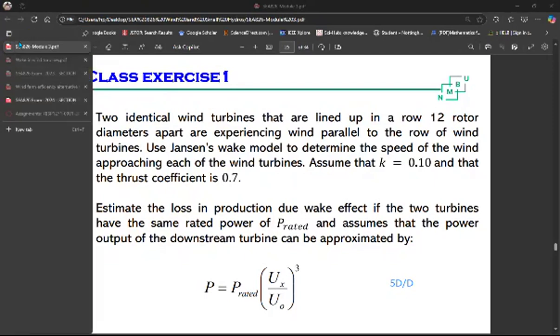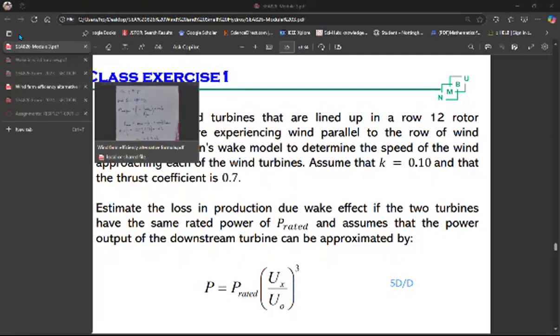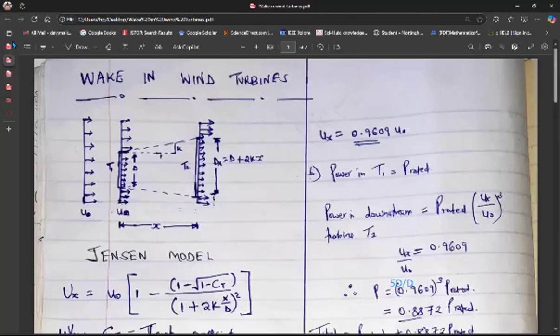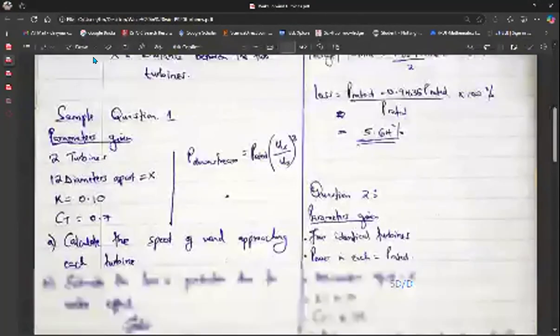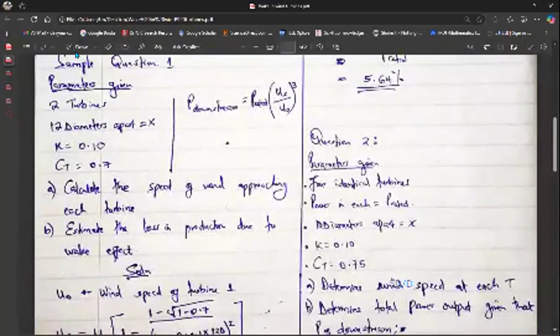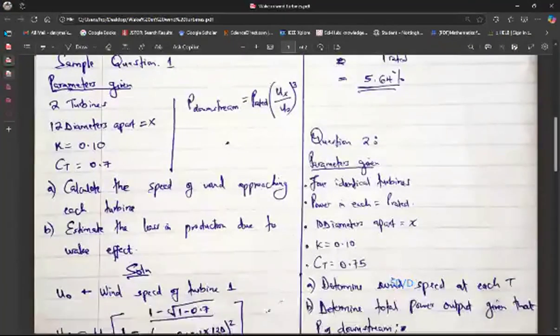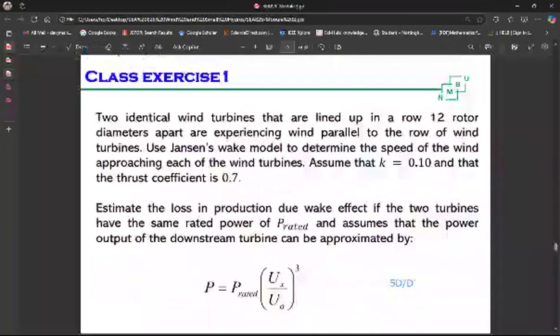And I have done this in a separate part. Let me just open it. So here it is. This is the first question. And according to the question, you can see right here, we have two identical turbines which are 12 rotor diameters apart.